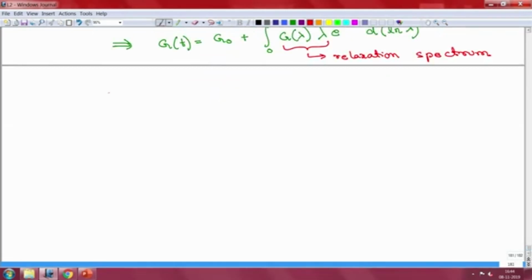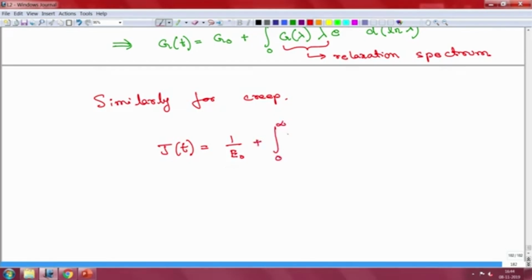And similarly, for creep, this generalization leads to an expression of the form where J(t) becomes some constant 1 by something plus the integral from 0 to infinity of c(tau) times 1 minus e to the power minus t by tau, d log of tau.